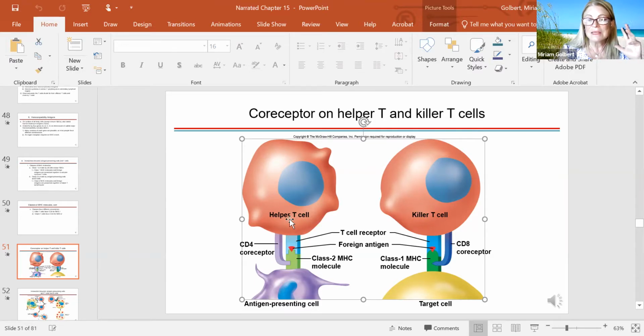So it's going to tell the killer T cell to be specialized to kill this cell. Now the killer T cell kills by attaching to another MHC. This one is called class 1. And when they do that on the target cell, they're going to create all these little holes, and the cell is going to be lysed or killed. That's why it's cytotoxic.